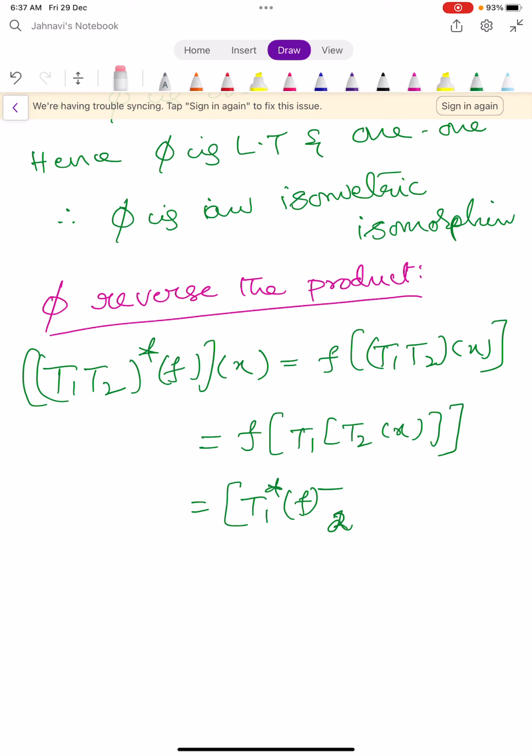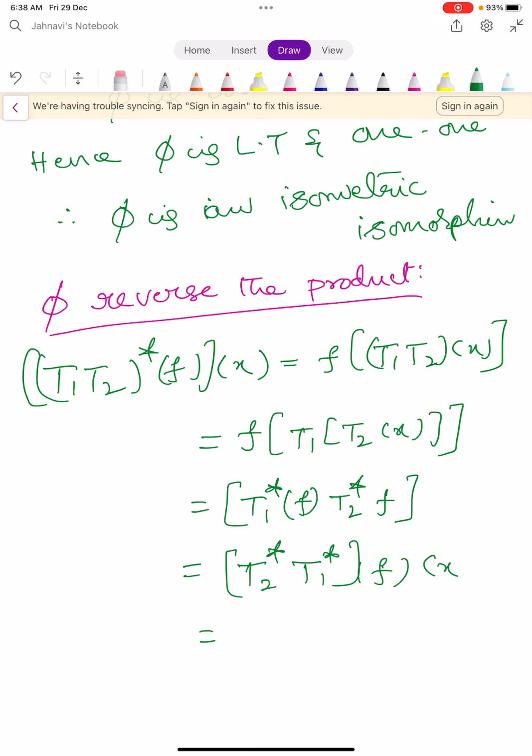Sorry, t1 star f into t2 star f. This is nothing but t2 star t1 star of f of x.